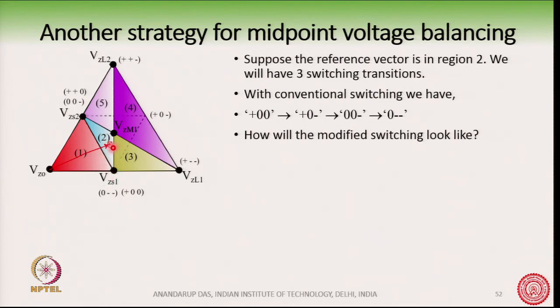So, for realizing this reference vector in conventional switching, we would have used these 3 vectors with such a switching sequence, and in this sequence every time there is one transition. So, plus 0 0 to plus 0 minus means C phase is changing from 0 to minus.